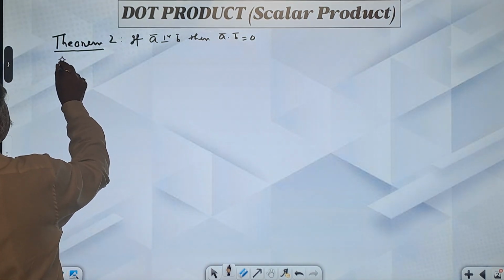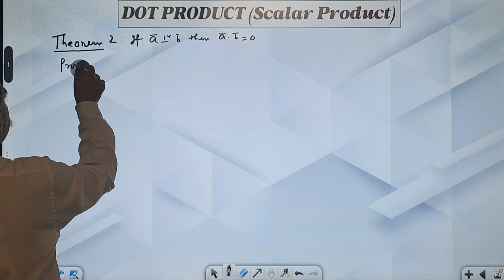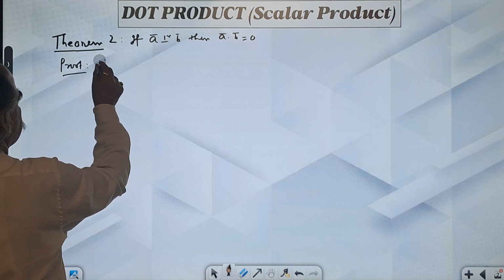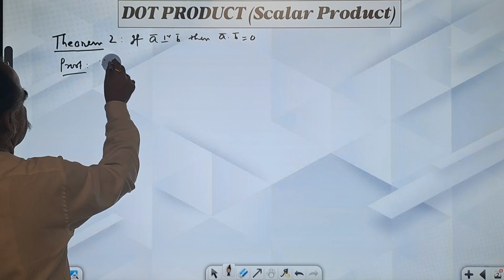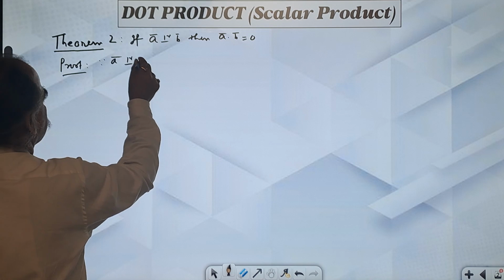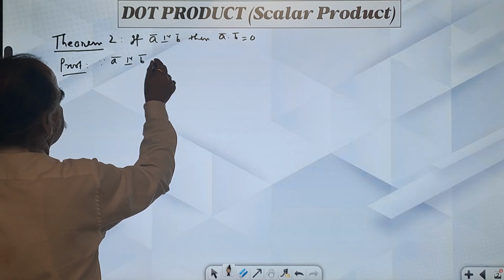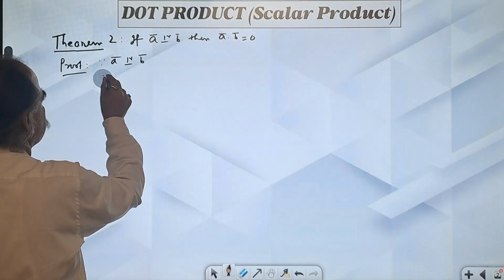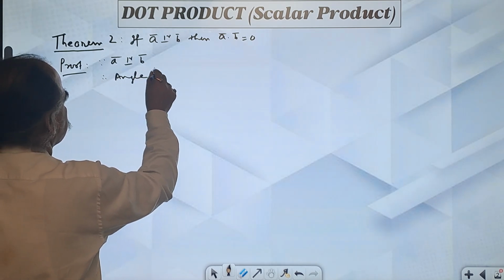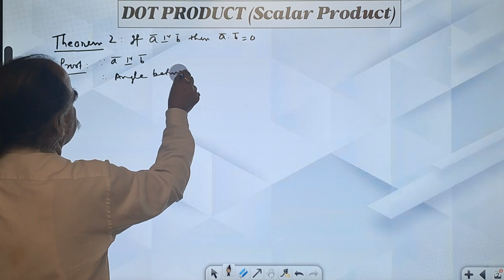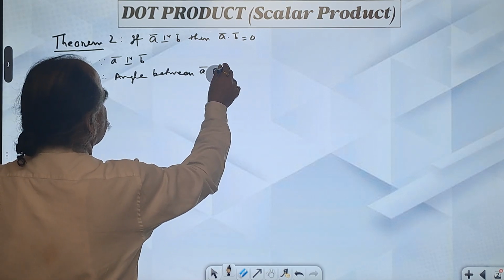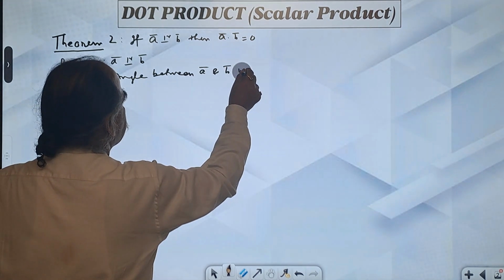See the proof. Since A bar perpendicular B bar, therefore angle between A bar and B bar will be 90 degree.